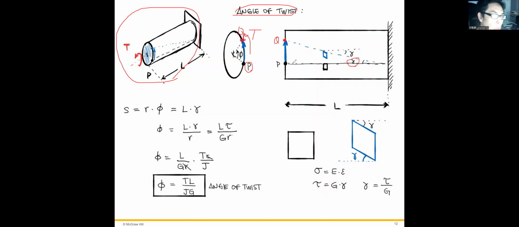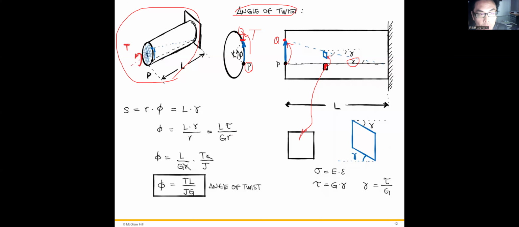Suppose without any torque applied, we just look at the infinitesimal area here. Then we apply a torque to the solid rod, so the point P will move to another point. This area will move to the other area, and meanwhile this area's shape is deformed with a specific angle.